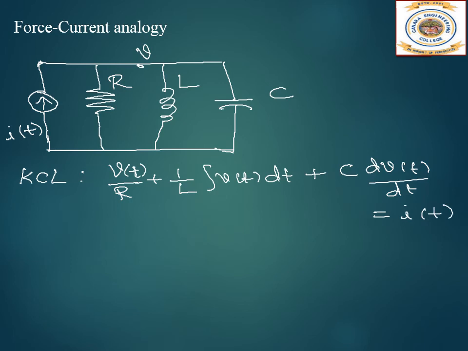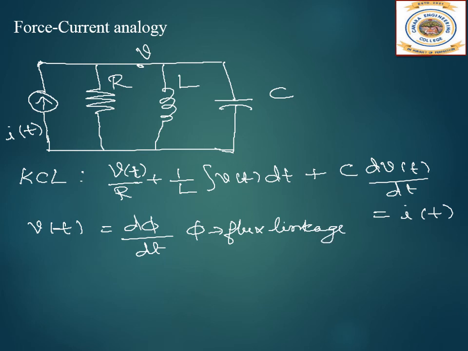Here V of t, the voltage, is equal to d phi by dt, where phi is the flux linkage. Okay, so I can now substitute it over here.